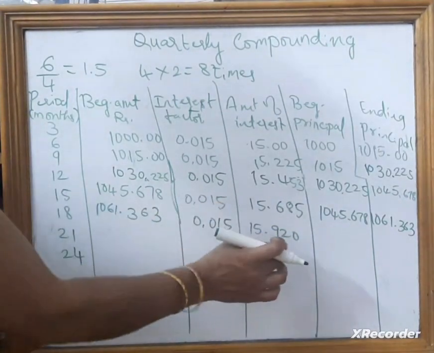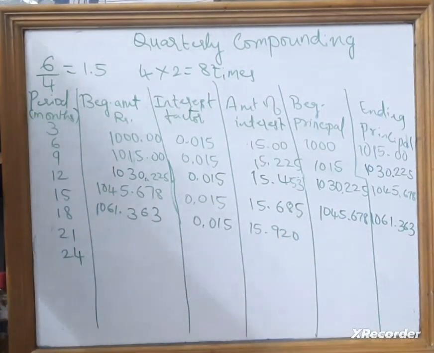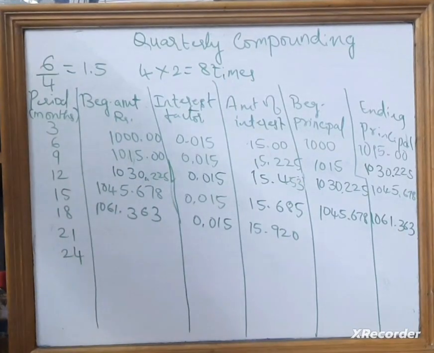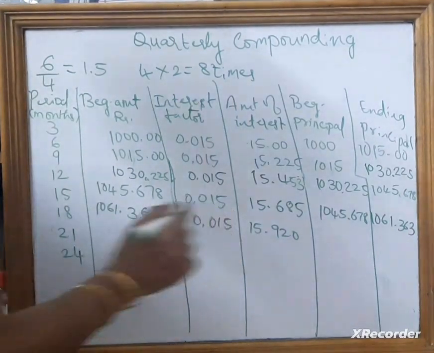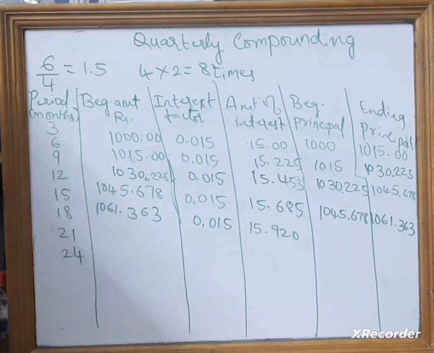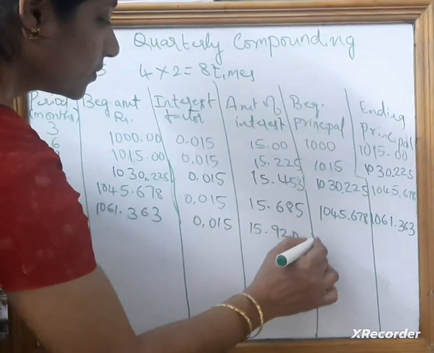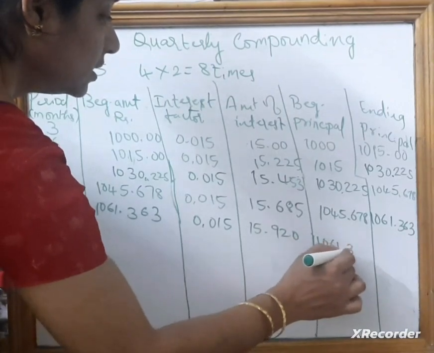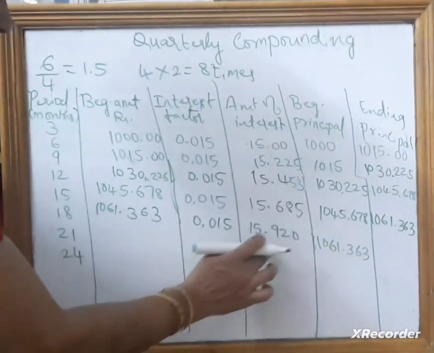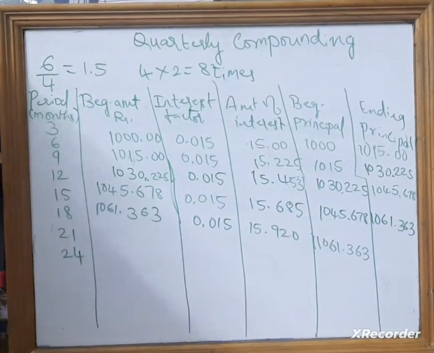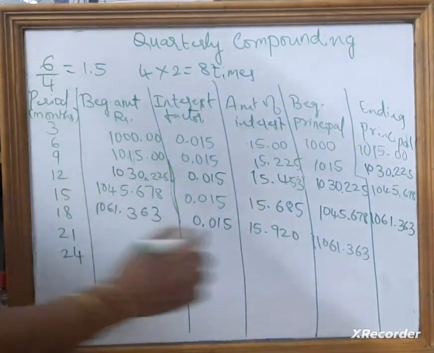Total of this and this is 1077.283. So the beginning amount 1061.363, add this and this, you will get 1077.283.